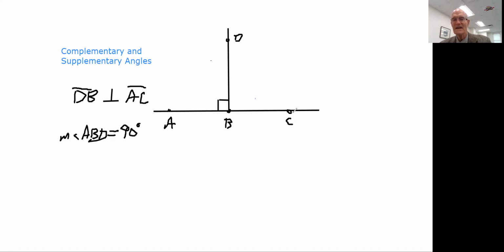And that also means that angle CBD is 90 degrees. Now, these two angles, ABD and CBD, would be supplementary because they add to 180.